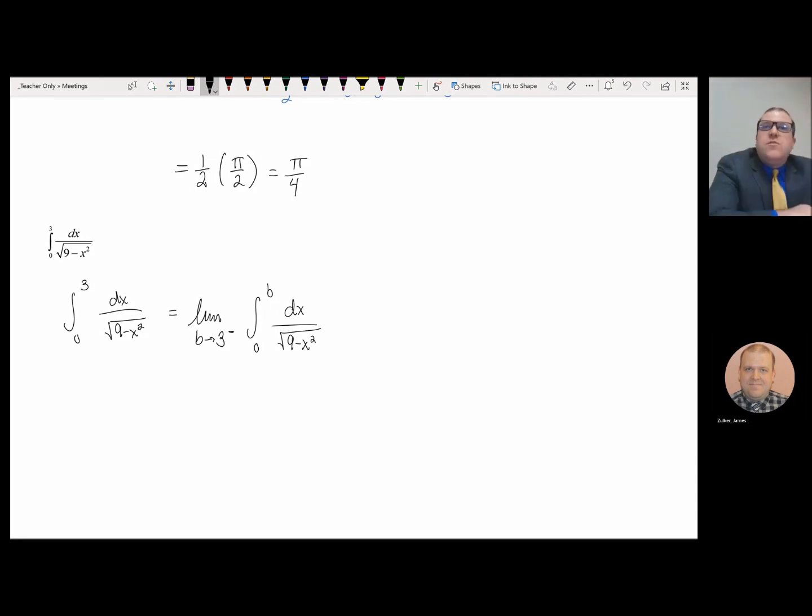If it does exist, the integral converges to that value. We only care about the left-hand limit, so we don't care if the limit doesn't exist from the right.